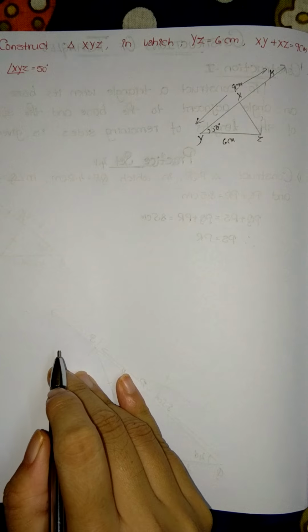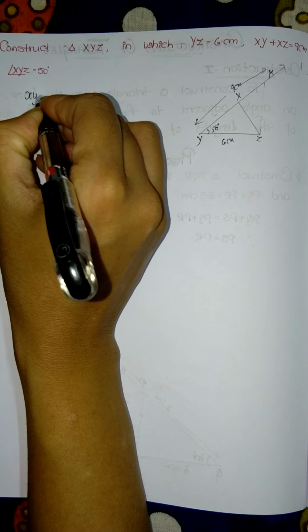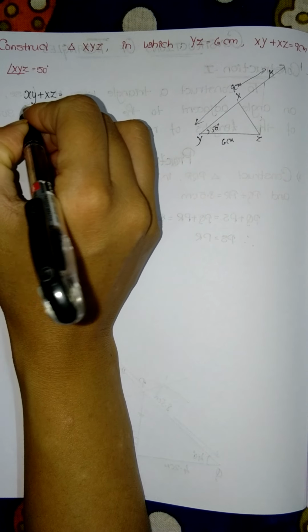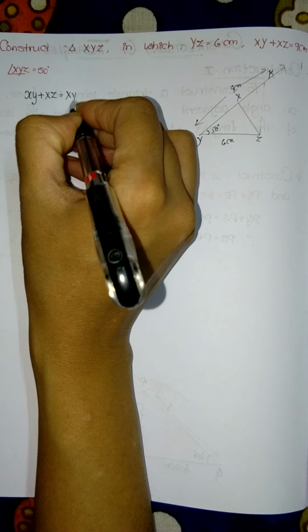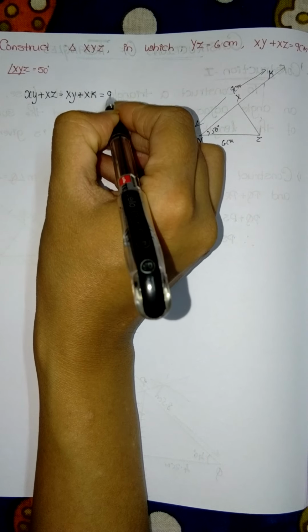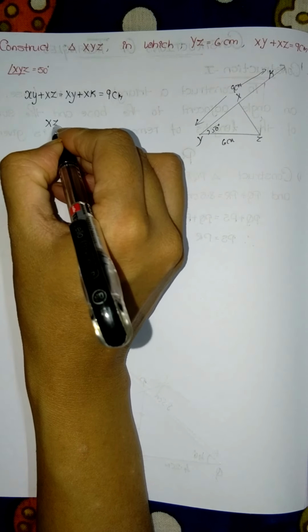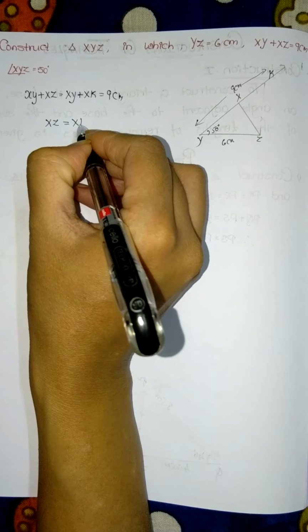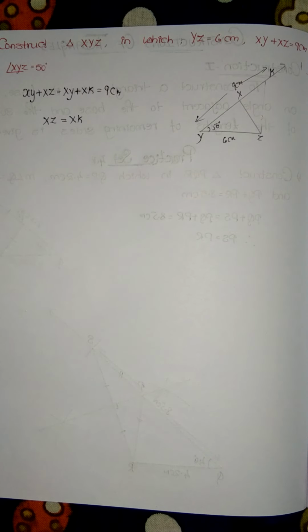Here we already know that XY plus XK equal to 9 centimeter. So here XY is cancelled, so XZ is equal to XK. So construct a triangle.